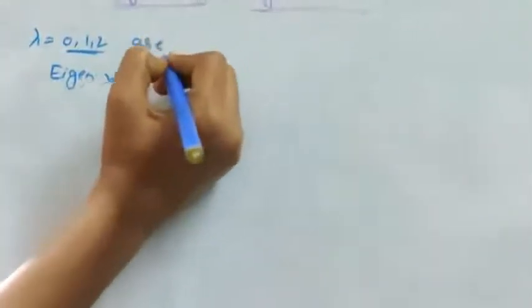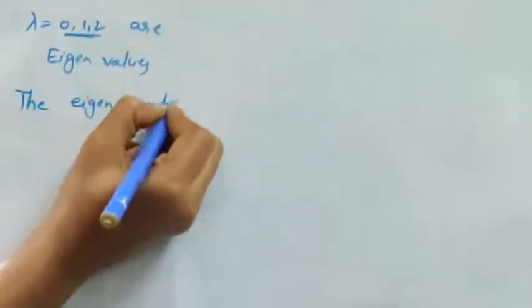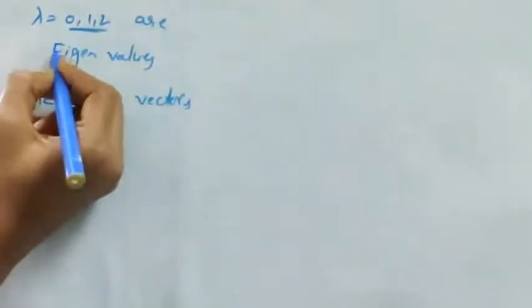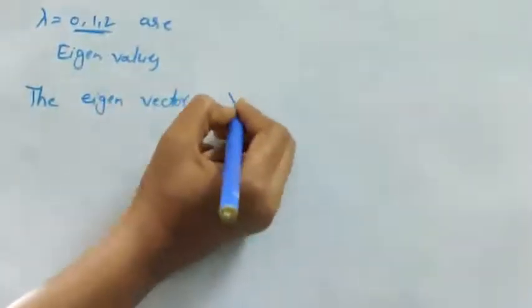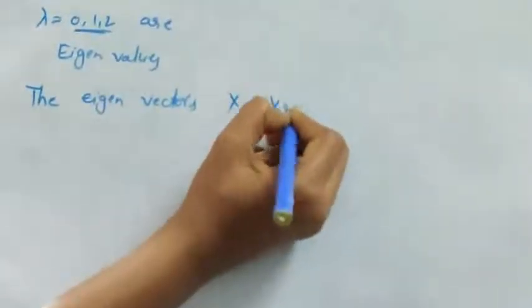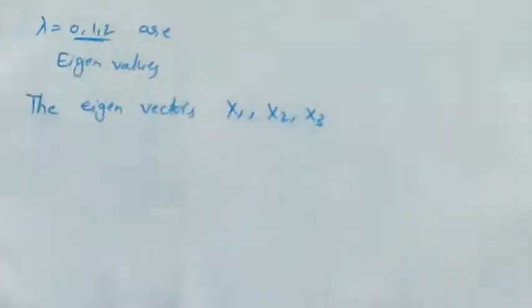Eigenvalues are nothing but lambda values. One thing you should keep in mind: eigenvalues are nothing but lambda values, and eigenvectors are nothing but capital X1 value, X2 value and X3 value.